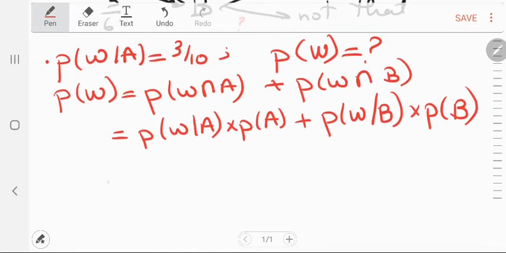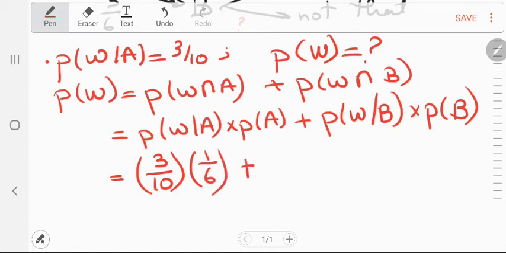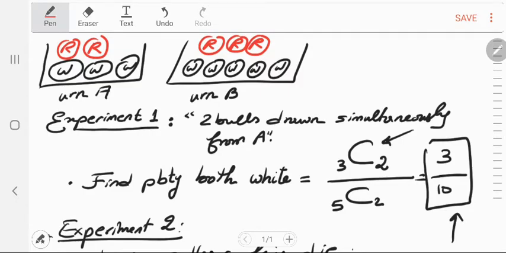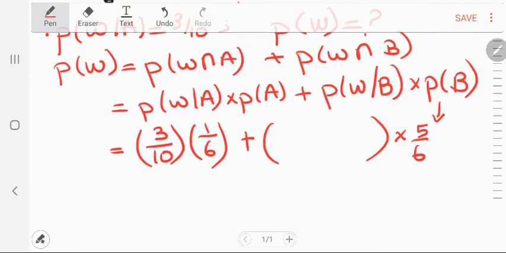Do we have these probabilities? W slash A we have just calculated in experiment 1. A is to get a 6, and that's 1 over 6. What about W slash B? Choosing B is clearly 5 over 6. W slash B means getting two white balls, knowing that the selection is done from urn B. If you look at urn B, you have 5 white balls out of a total of 8.